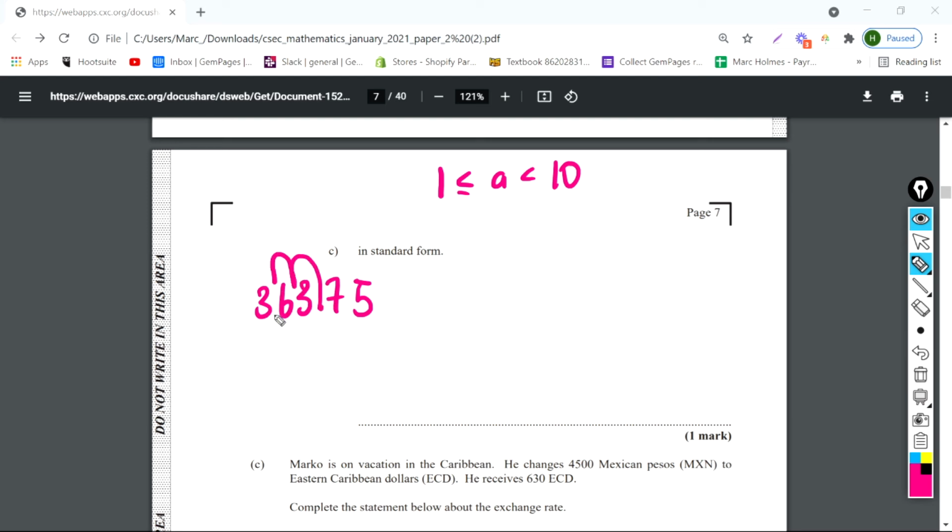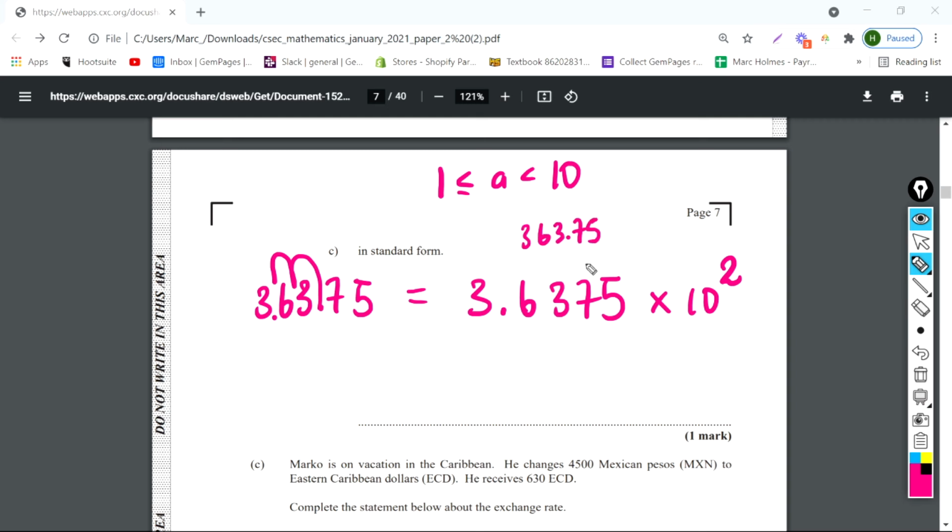The only way is 3.6375. And of course, we'd have to multiply this by 10 to the positive 2, because if you multiply it by 10 to the positive 2, it would end up back being 363.75. That's the only thing that makes perfect sense. 3.6375, if we multiply that by 100, then it would go back to 363.75. So this is the answer in standard form.